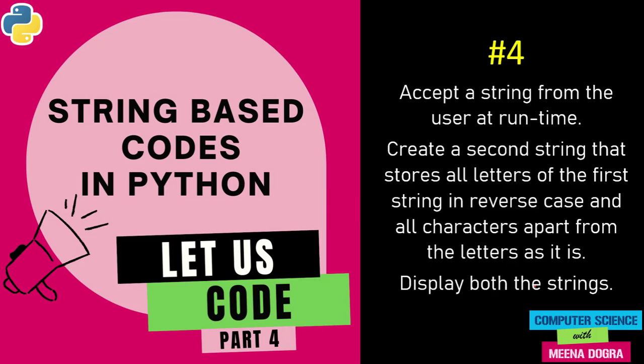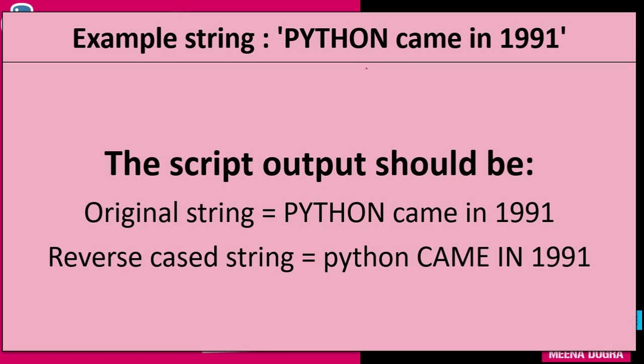Let me show you an example. See, if this is your string, Python came in 1991, where Python is in uppercase altogether, and came is in lowercase, in is in lowercase, and then there are digits, and these words are separated with spaces.